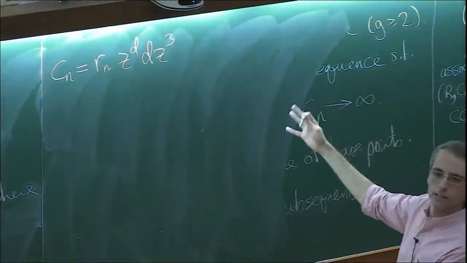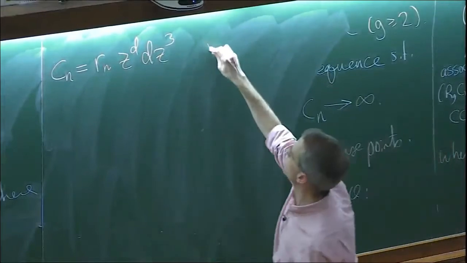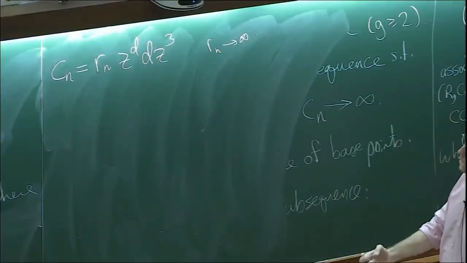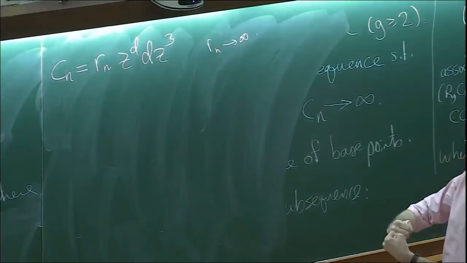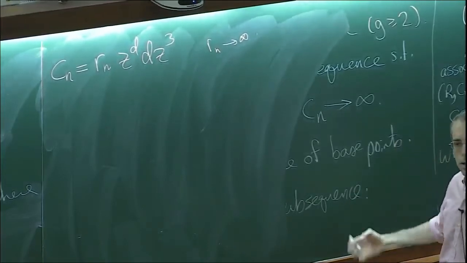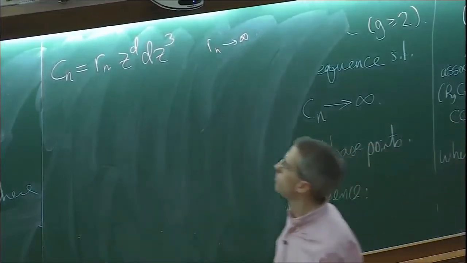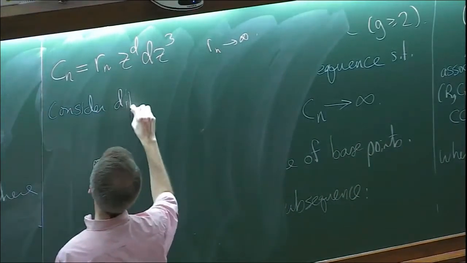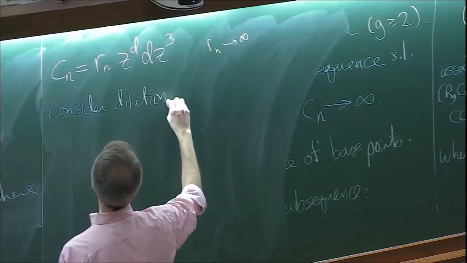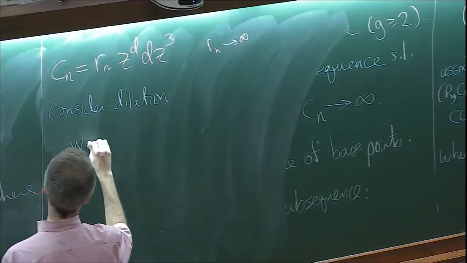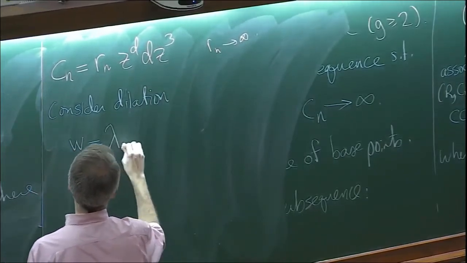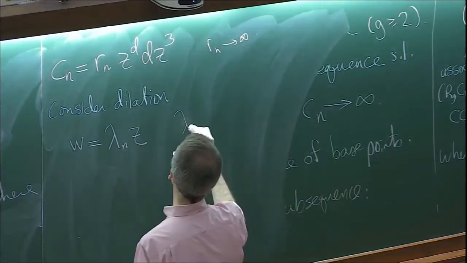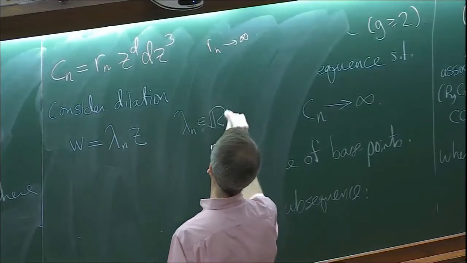This has no limit, right? Rn is going to infinity. The idea will be to instead apply some dilation to the coordinate system to ensure convergence. So let's consider a new coordinate related to this one by a dilation. It's going to be w equals lambda n times z, where lambda n is some positive real scale factor.